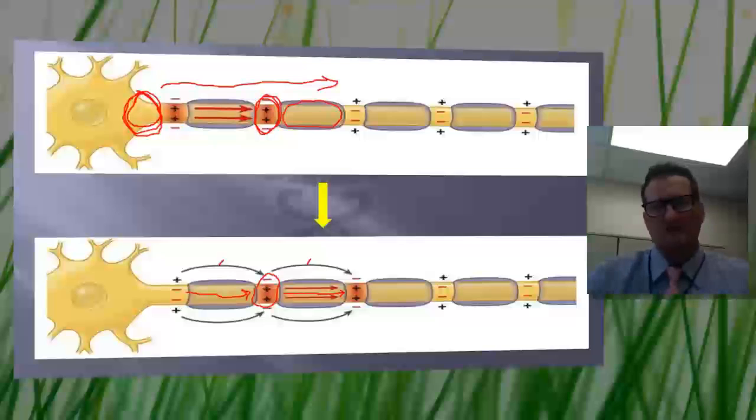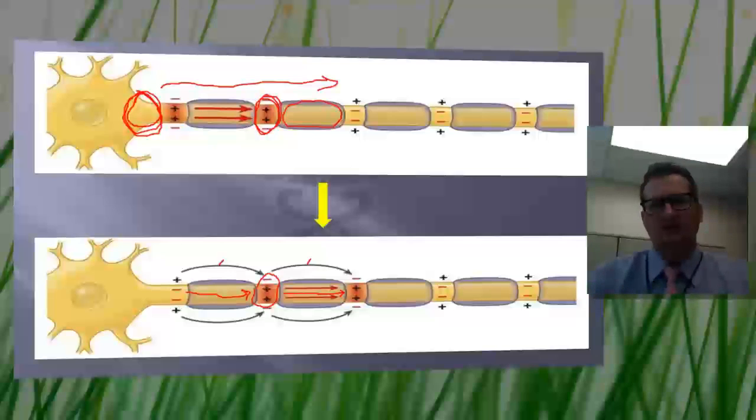The movement of the impulse down the axon is similar to electricity being transported over long distances from an electrical generating facility such as a dam to a metropolitan area.